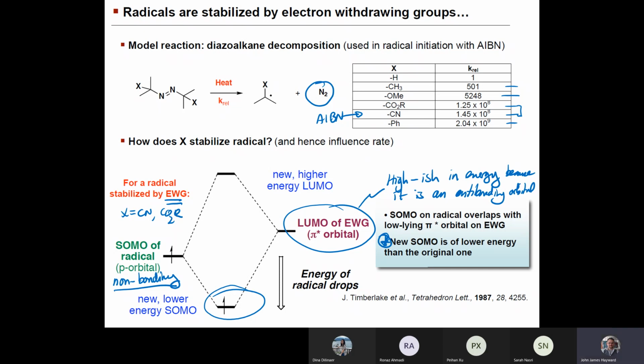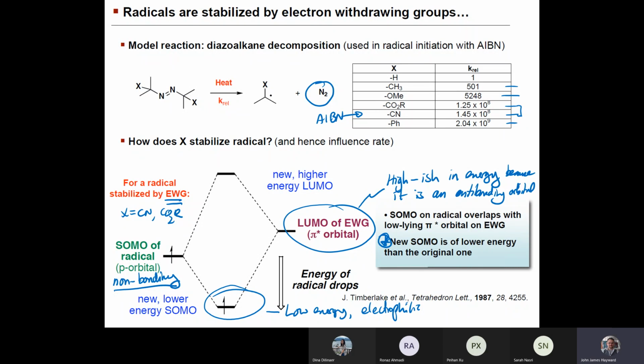Now, almost the exact same thing happens with an electron donating group, it just happens the other way around. I will just say that this lower energy radical makes it electrophilic. It's willing to accept more electrons into that system, because we've got space for it.